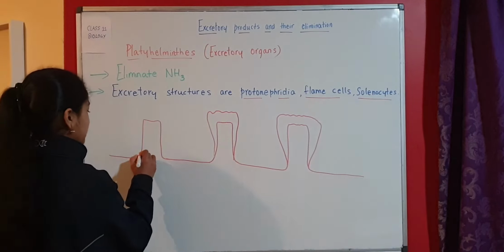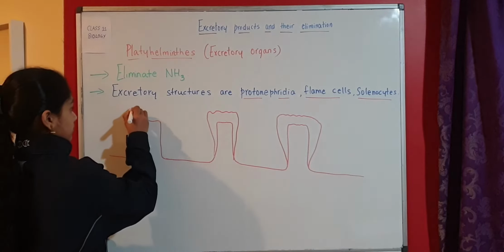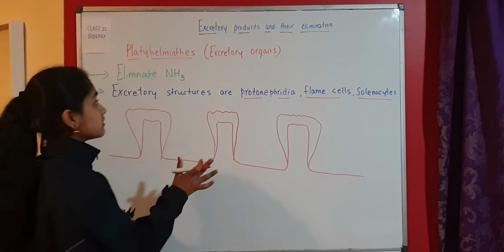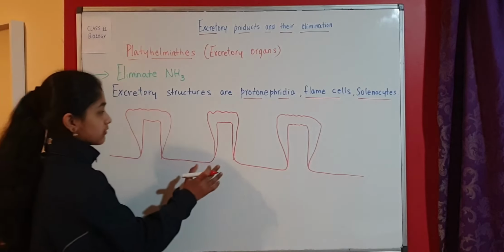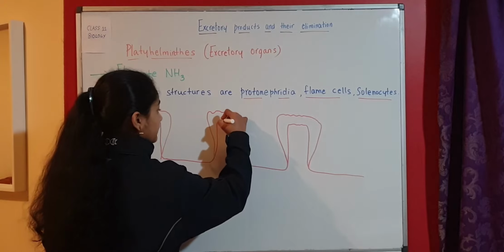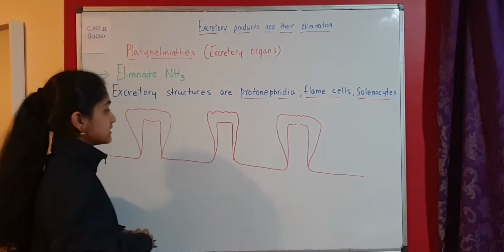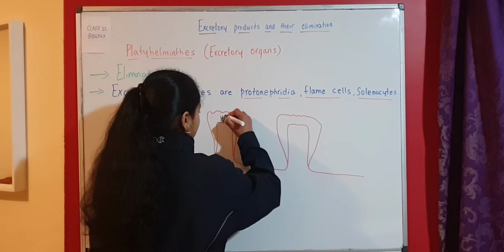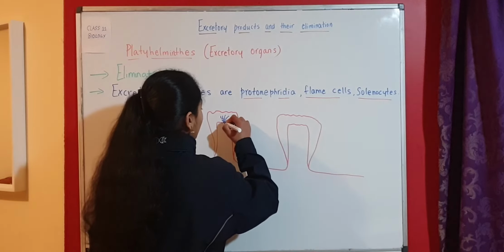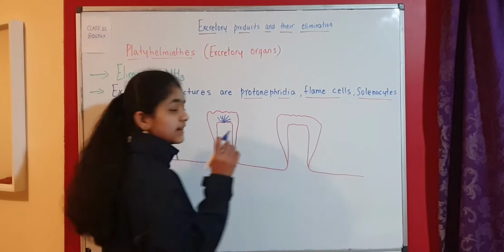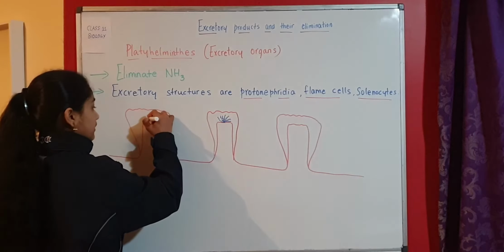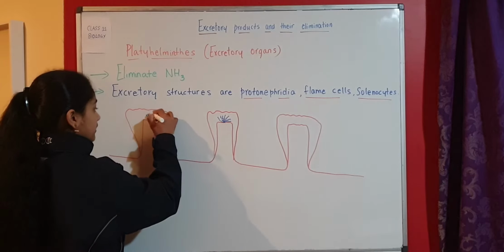The excretory structures in platyhelminthes somewhat look like this, and here there are cilia. We can represent the cilia with a different color. Cilia are the little thread-like locomotory structures which help in locomotion or movement. So here as well.